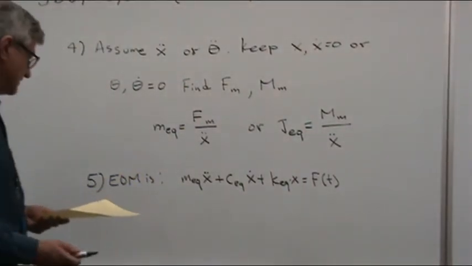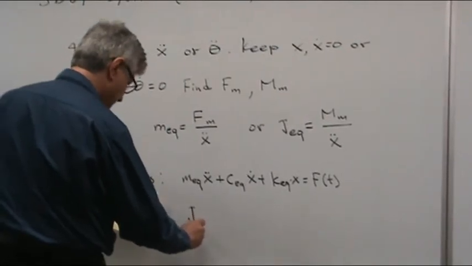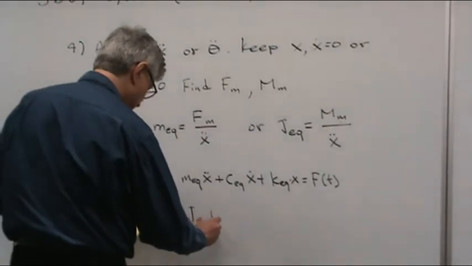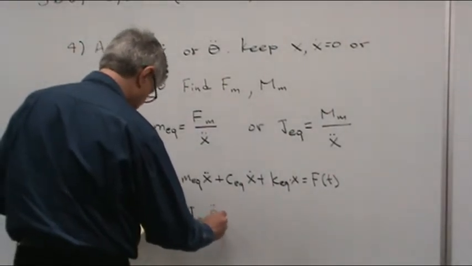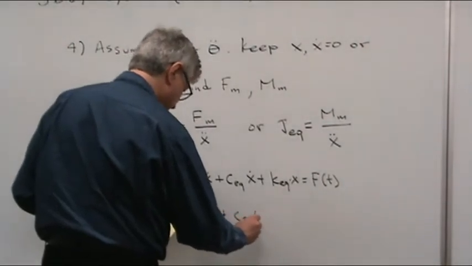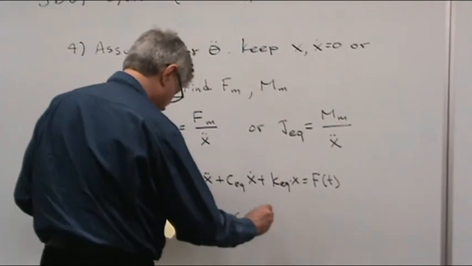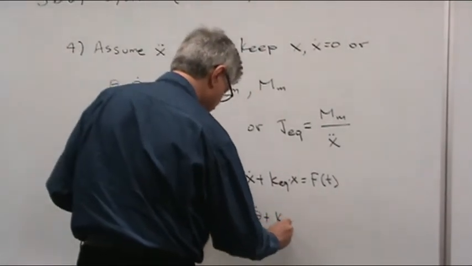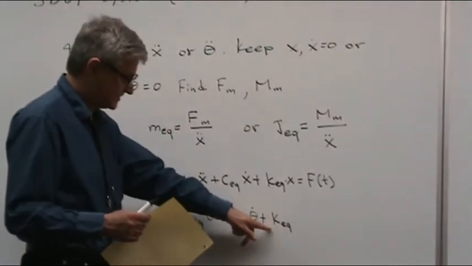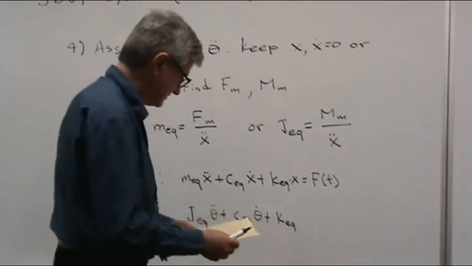Or if your degree of freedom is rotation, then you have equivalent moment of inertia times theta double dot plus C equivalent times theta dot plus K equivalent. But now this K equivalent is the stiffness of a rotational spring.